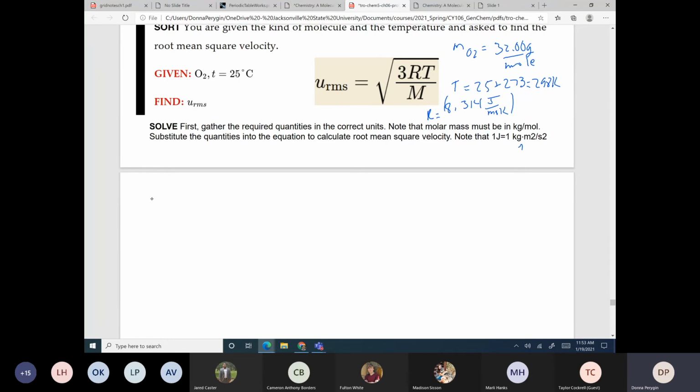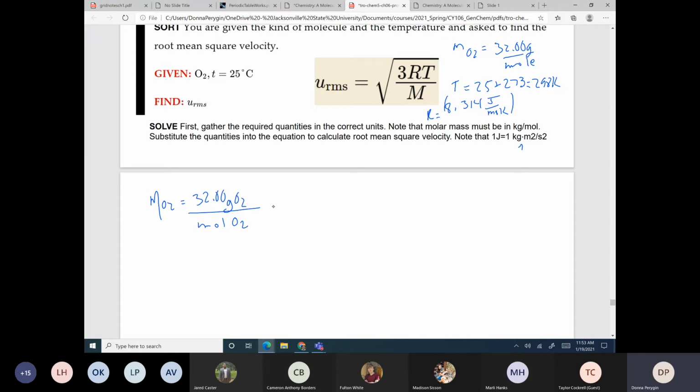All right, so the molar mass of O2 is equal to, okay, 32.00. So that's 16 times 2 because we've got O2 and oxygen 16 grams of O2 per mole of O2.